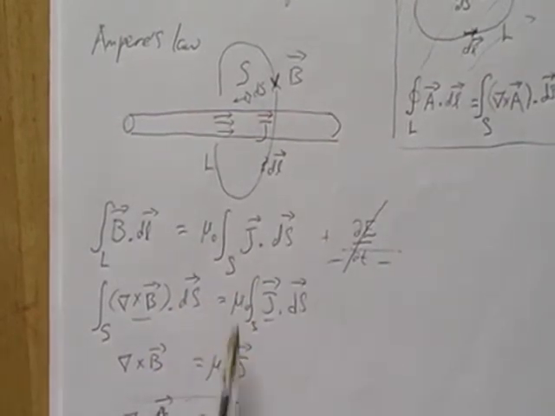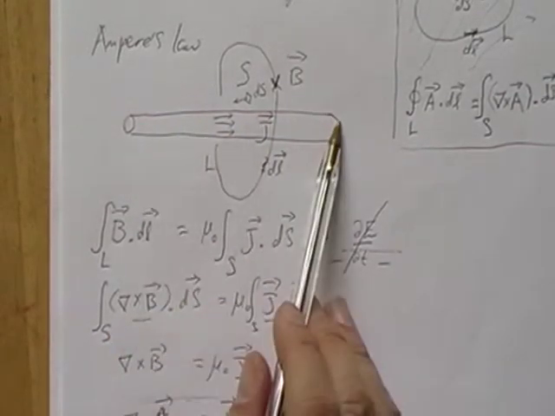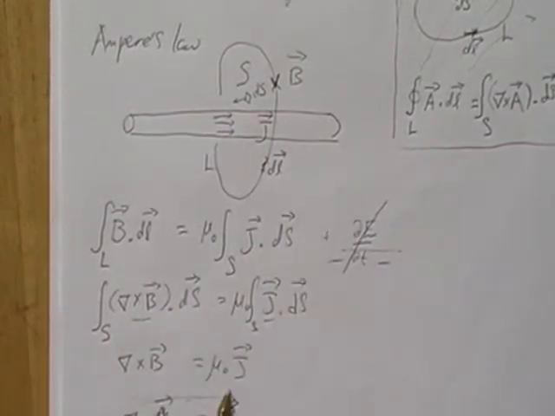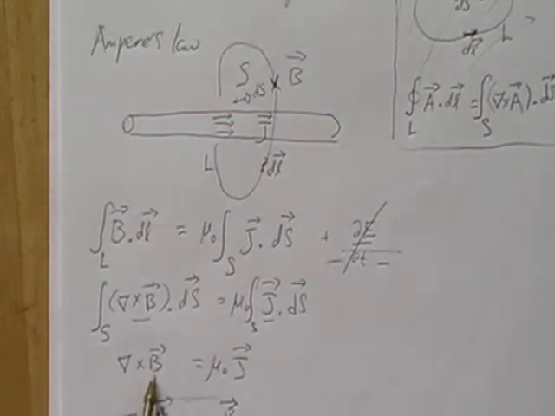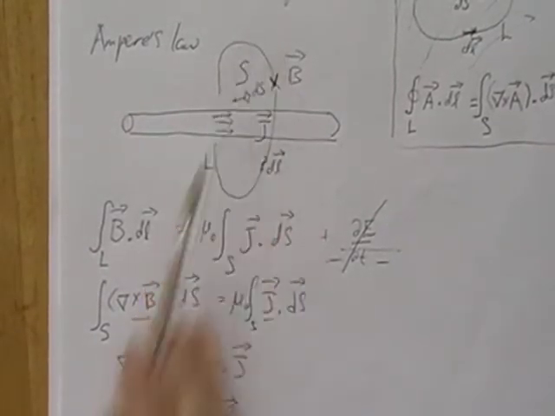So if you have this field, which is this uniform parallel thing, and it's related to that field B by this curl, then that field B must go around in circles.